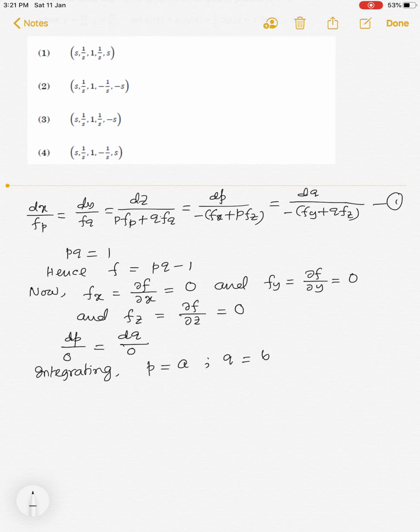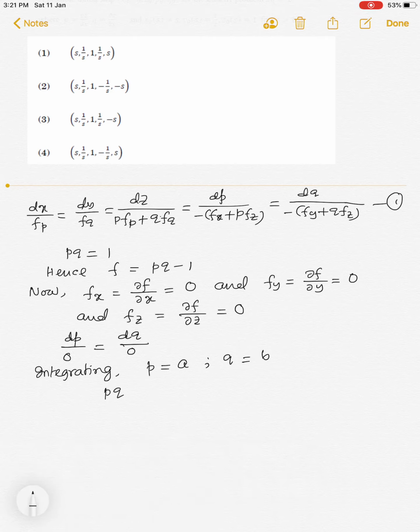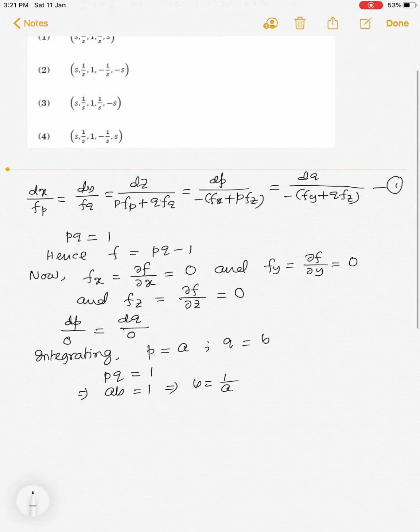Now since this solution satisfies the given partial differential equation, we have pq is equal to 1. This implies a into b is equal to 1. This implies b is equal to 1 by a.